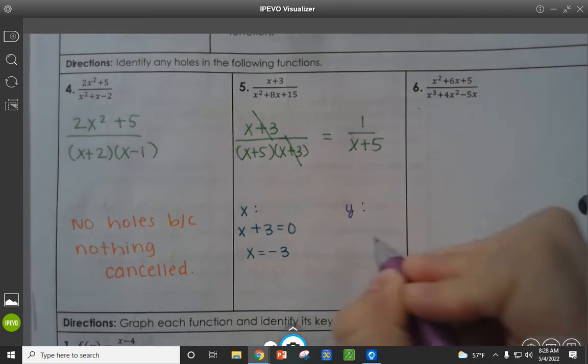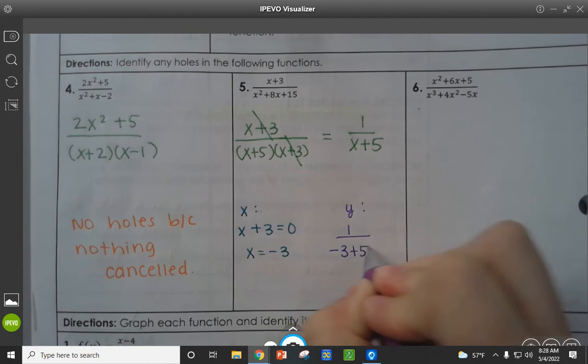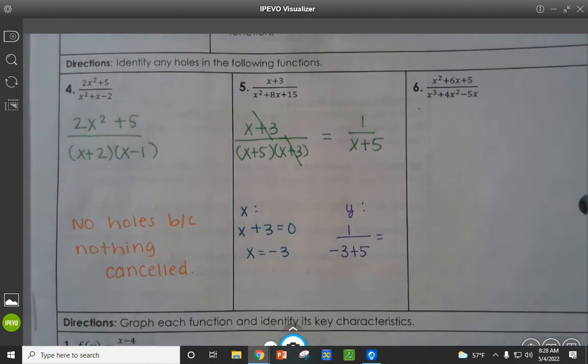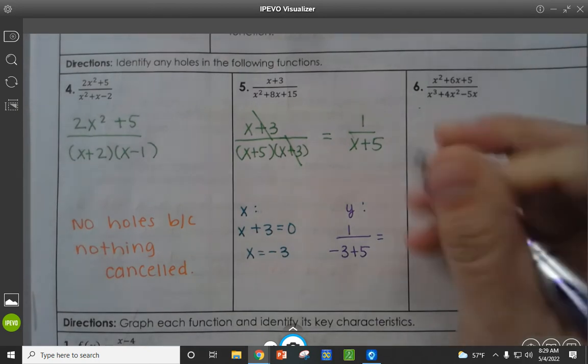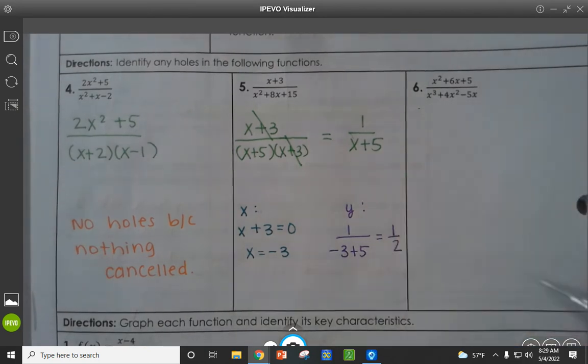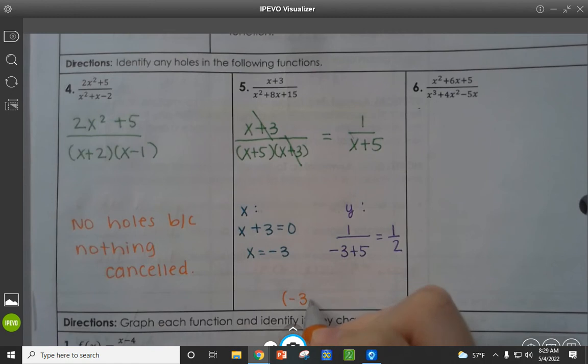And then for the y, we do 1 over negative 3 plus 5. What is that? Negative 1/2. No, it would be positive 1/2. Yeah, I just had it wrong on here. Yep, 1/2. So we have a hole at negative 3, 1/2.